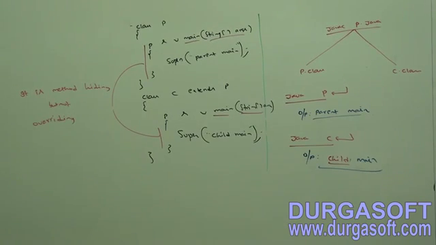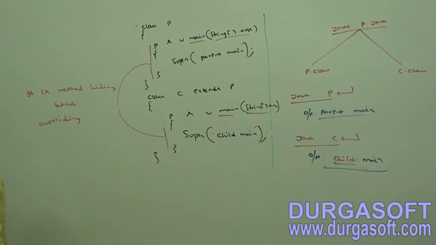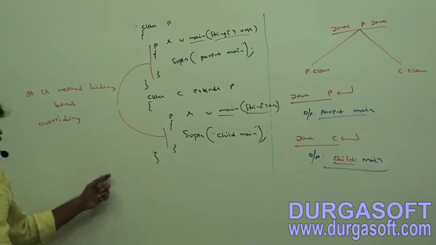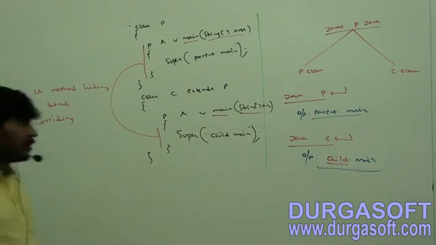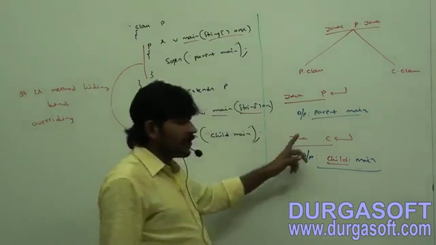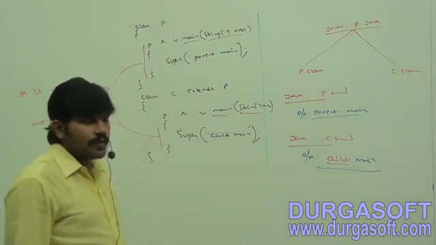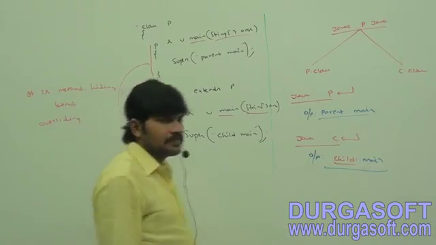Yeah, java P, parent main, then java C, but the output we will get is nothing but child main.